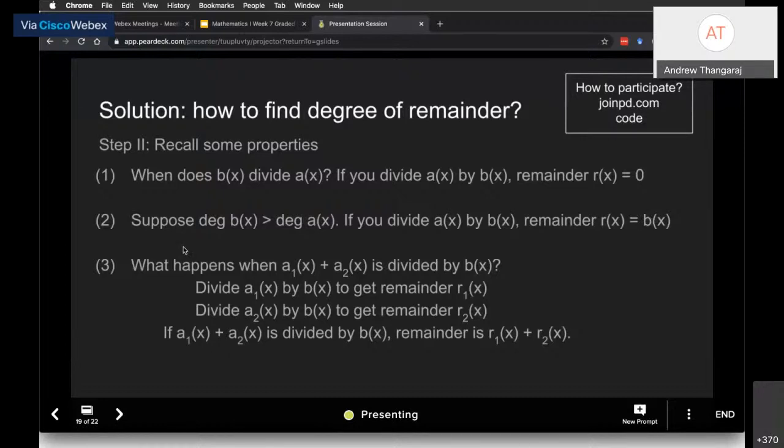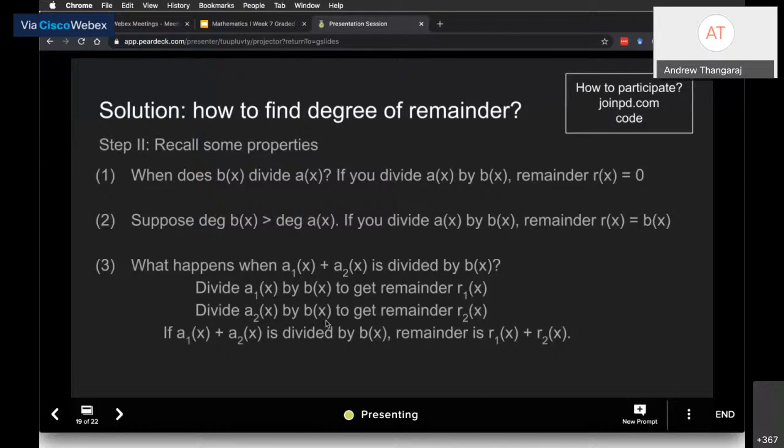Now the third property is maybe slightly non-obvious to you. If you have the sum of two polynomials, a1 of x plus a2 of x, and you're dividing the sum by b of x, okay, is there a connection between the remainder you get when you do that, and the remainder when you divide a1 of x by b of x, and a2 of x by b of x?